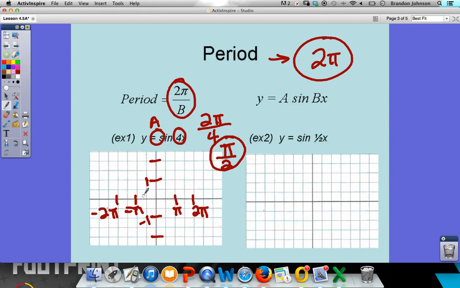Except this time, what we would normally have is a value that looked like this right here. What we would normally have is something like this. Remember where the period is 2 pi. Now what we're going to do is we're going to kick this up a notch. So let's go to black here, just so you could see it. So now from here to here, notice that that is 2 pi, or a full rotation.